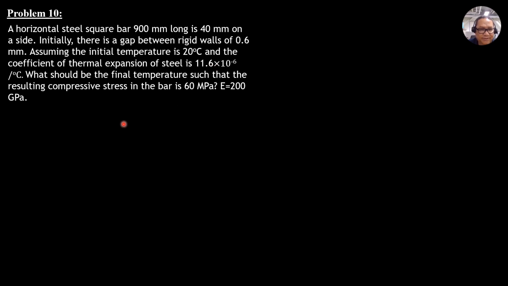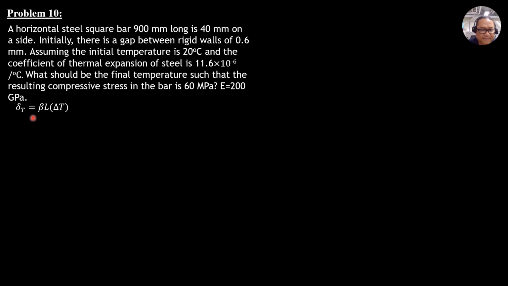So remember that deflection by temperature change is equal to beta L delta T. And from there, we can compute the expansion supposedly. So delta due to temperature equals beta L delta T.